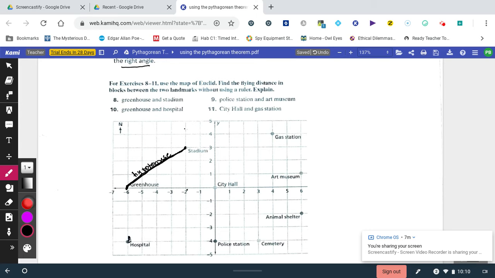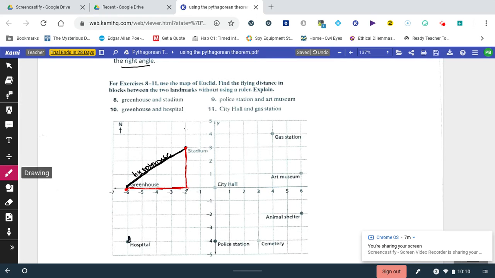If that's your hypotenuse, we're going to draw a leg coming from this vertex. So we'll call this a leg. And we're going to draw a leg coming from this vertex to meet this one, so it makes a right triangle. Now all I have to do is calculate this distance.